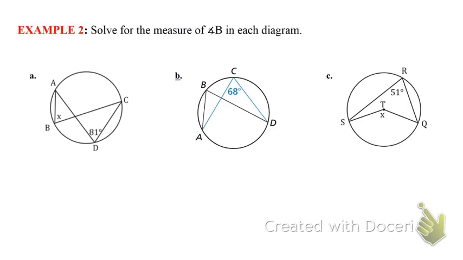Notice that we know angle D is 81 degrees, and we know angle D intercepts arc AC. We also know that angle B intercepts the same arc AC. So angle B and angle D are congruent. That means angle B, which is X in this case, must be 81 degrees. Now try B.